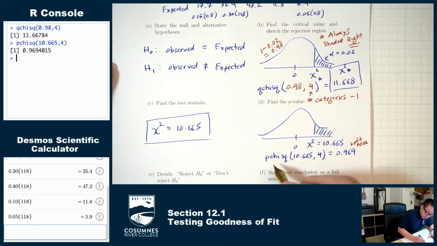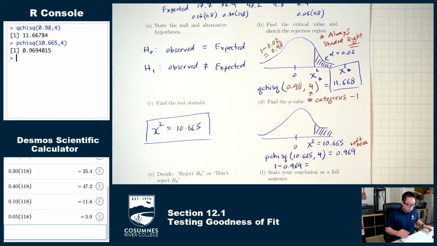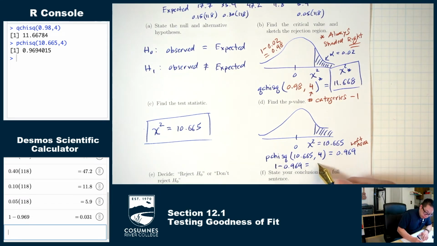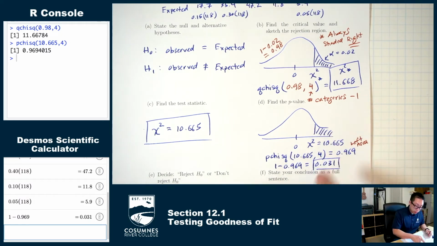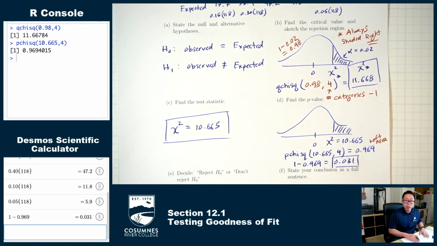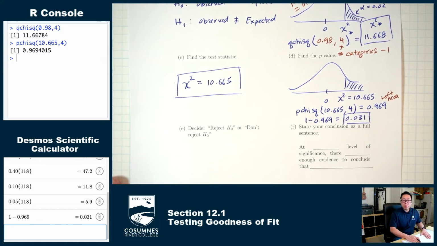So 1 minus 0.969. 0.031. That's the area, the shaded area, which is the p-value. And then the rest of this is the same as all the other ones.